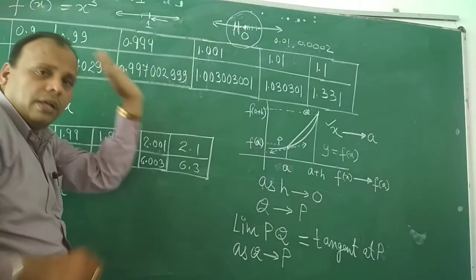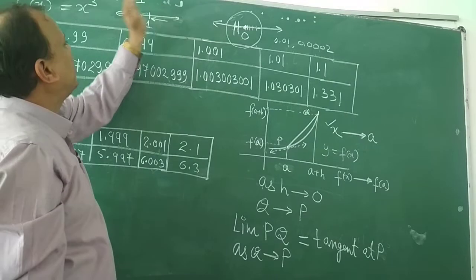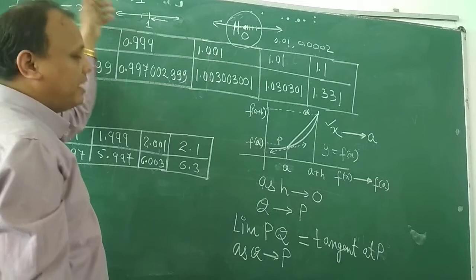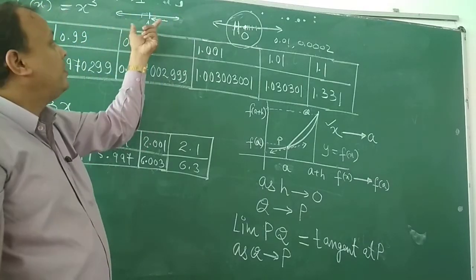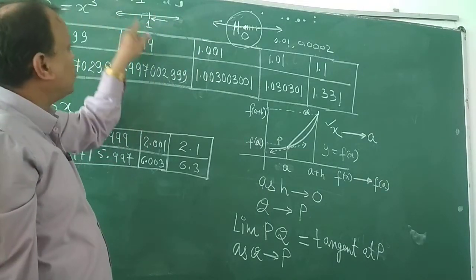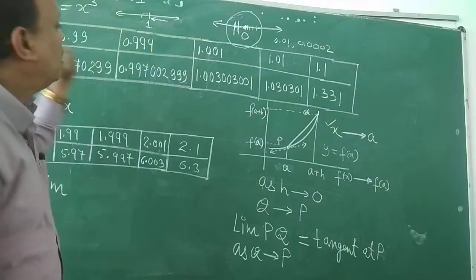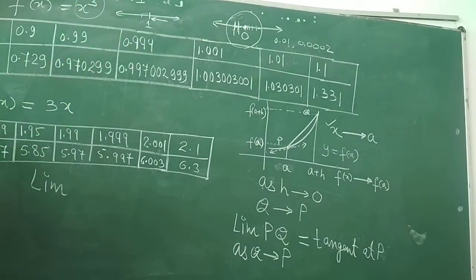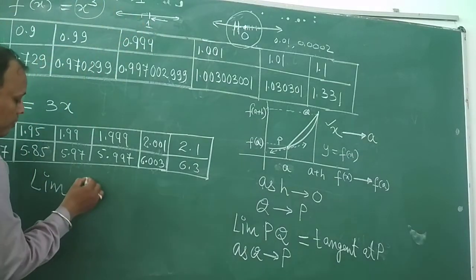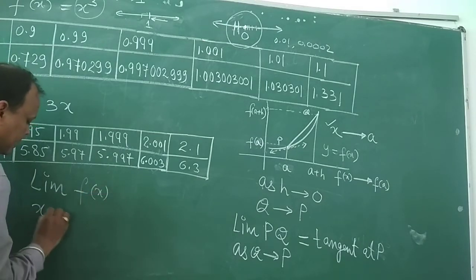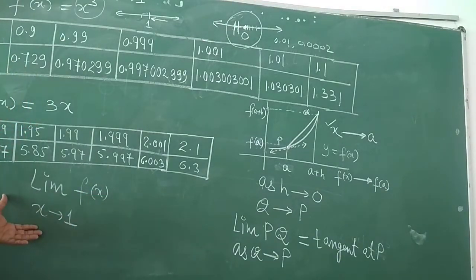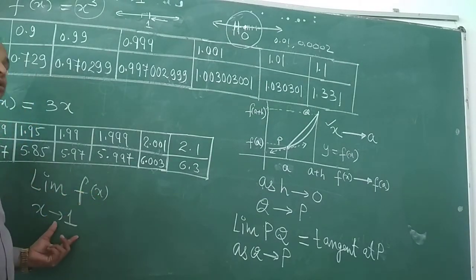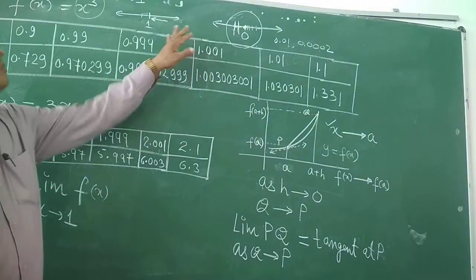In simple language, when we say that x approaches 1, it means that we are approaching 1 from the left hand side and from the right hand side. We have to see x approaching from the left hand side as well as the right hand side. In this situation, if you want to find the limit of f of x when x is tending to 1, then we have to find the limit of the function when x tends to 1 from the left hand side and from the right hand side.